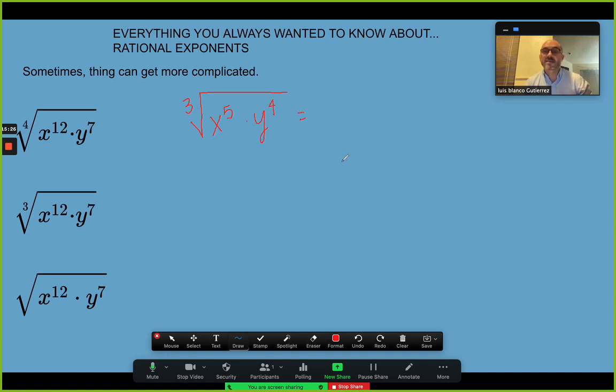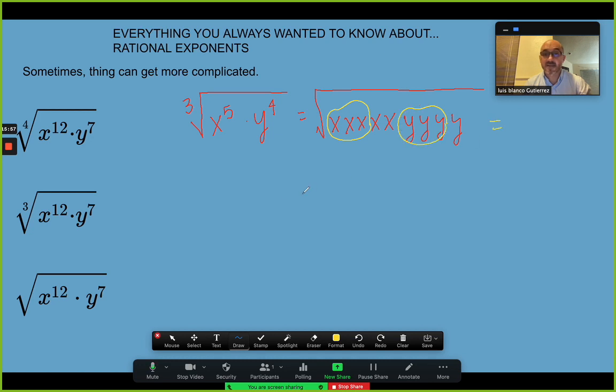So you can do this. You can just use the properties of powers, right? So x to the power of 5, I need to multiply x 5 times by itself, right? And the y 4 times. And then if the index is 3, you're going to try to make groups of 3, right? So I can do 1, but with these 2 x's, I need an extra 1, so I cannot do that. And I have another one with a y, right?